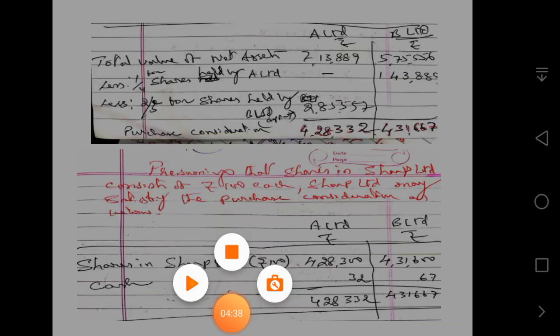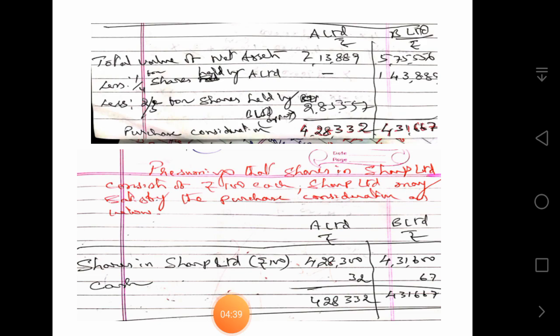Similarly for B Limited, 4 lakh 31,600 rupees of shares plus 67 rupees cash comes to 4 lakh 31,667, which is equivalent to its purchase consideration.